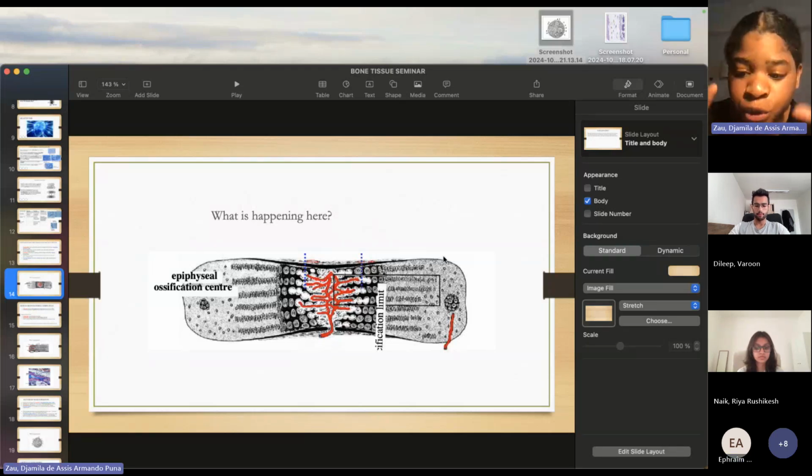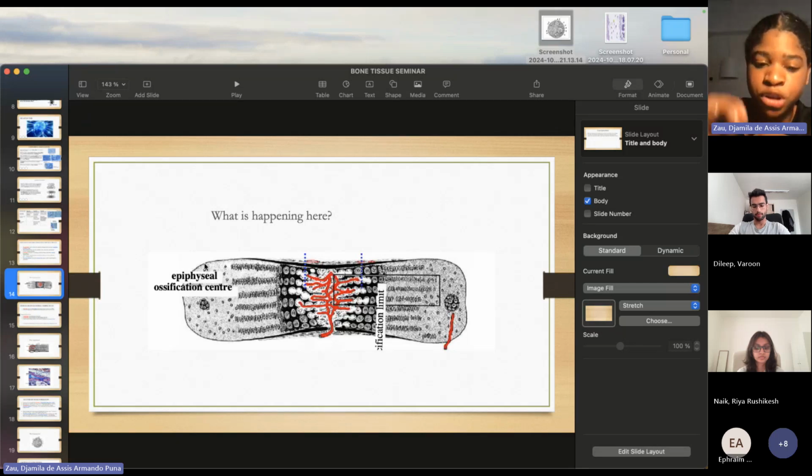Because in chondro, we're starting first with cartilage, guys. It's in the name. And we said, what's the first thing that's happening? We need to destroy that cartilage with the chondroclasts. What do the chondroclasts create when they destroy part of the cartilage? They create a cavity, right? And in this slide, this white part is the cavity that the chondroclasts created by destroying the cartilage.